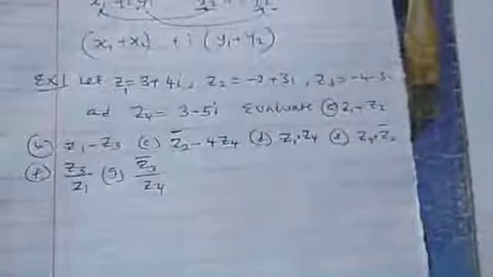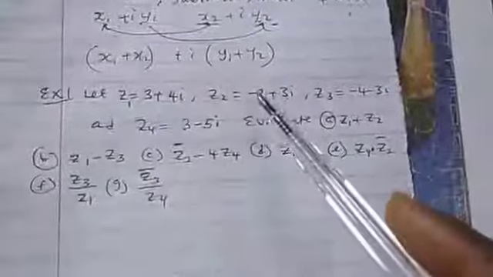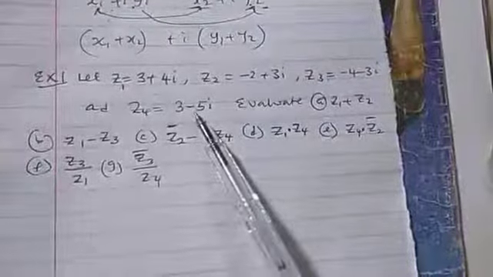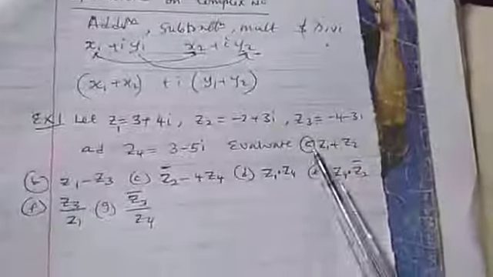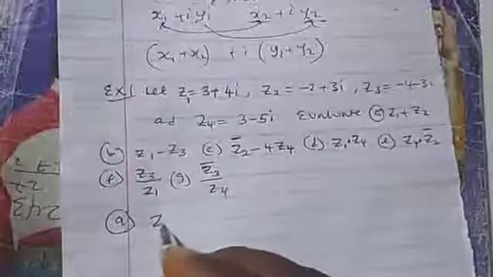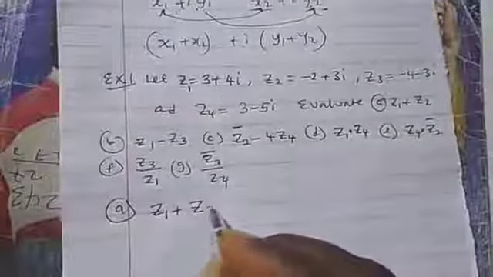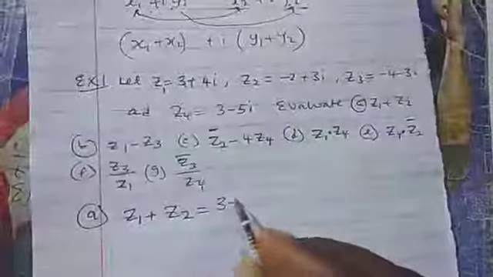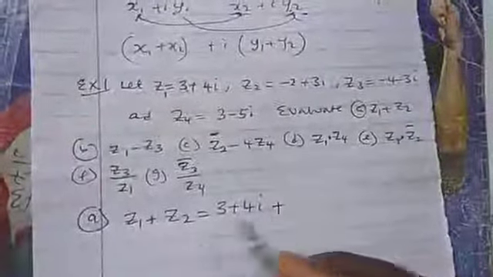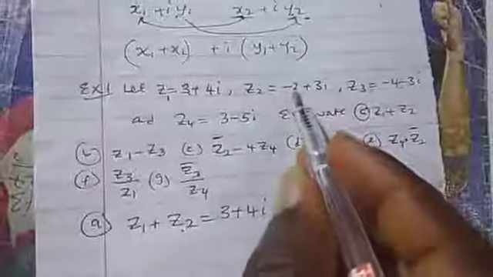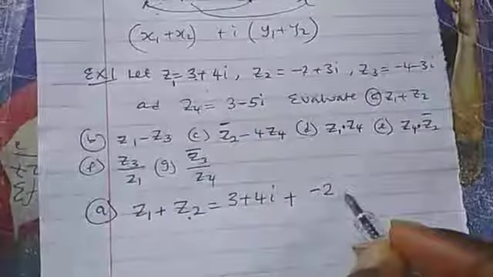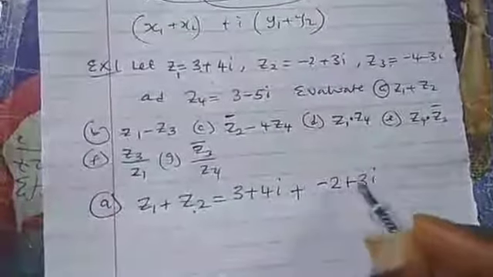Example 1. Let z1 be this, let z2 be this, let z3 be this, and z4 be this. Evaluate the following: z1 plus z2. So let's take it one by one. The first one is z1 plus z2. Our z1 is 3 plus 4i, plus z2, which is minus 2 plus 3i.